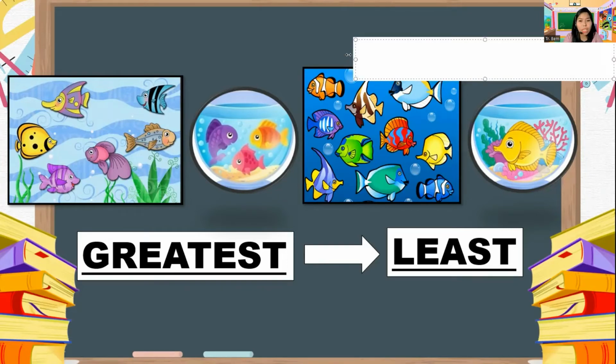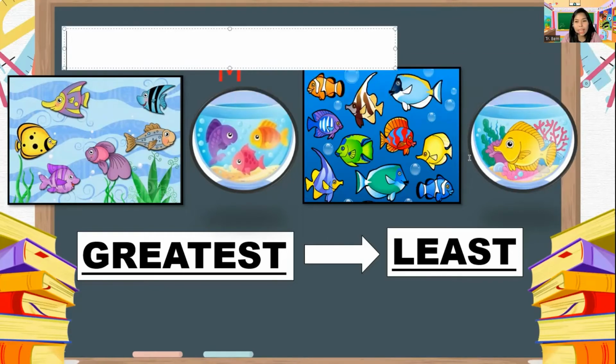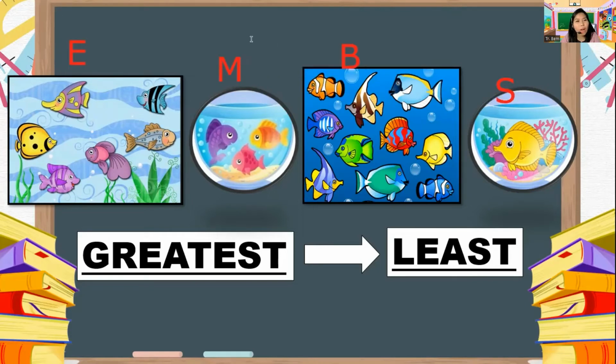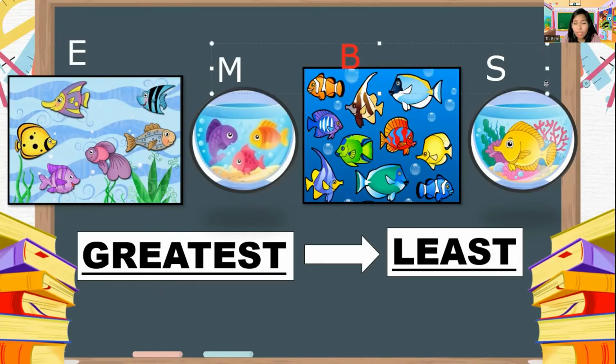Shall we say this is letter B, this is letter M, this is letter E, and this is letter S. I want you to try to arrange the sets that we have here. And what word do you think we can form if we arrange the sets from greatest to smallest? Okay? Are you ready? I hope everybody is ready. I'll just give you 10 seconds to do that. 1, 2, ready, and go.